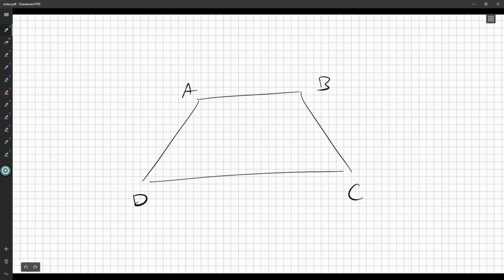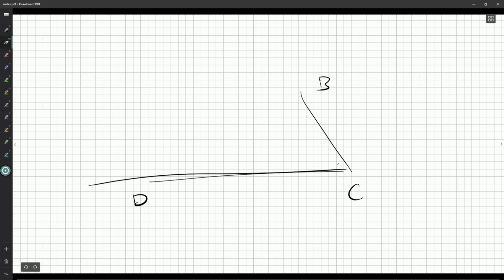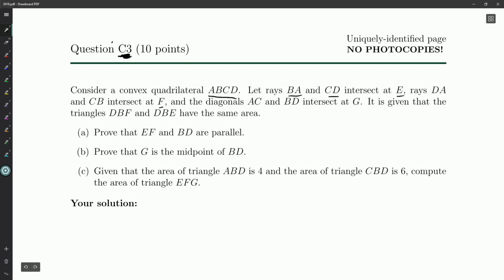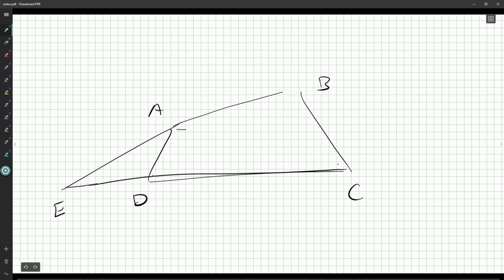BA and CD intersect, so I guess we have to make this a bit more slanted. So they intersect at E. And then DA and CB intersect at F. So DA, CB, I guess goes up here to F. I might redraw this picture, but I'm really just trying to understand exactly what's going on.